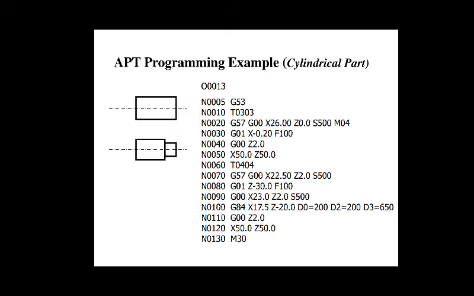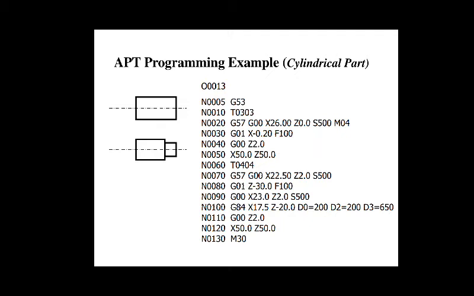Now G01 is for linear interpolation, which means we are going to perform a cutting operation. And X minus 0.20 means move only in the X direction until you pass the center by 0.1 mm, that is facing.